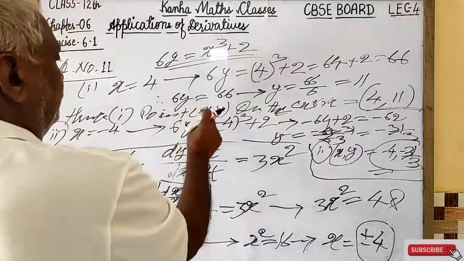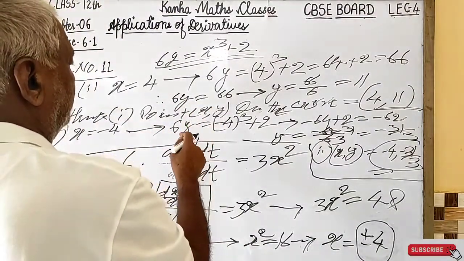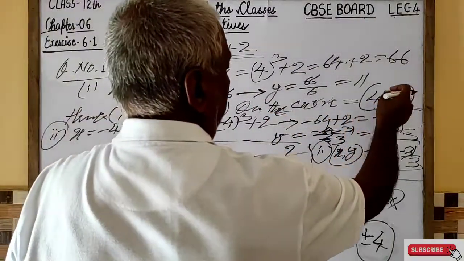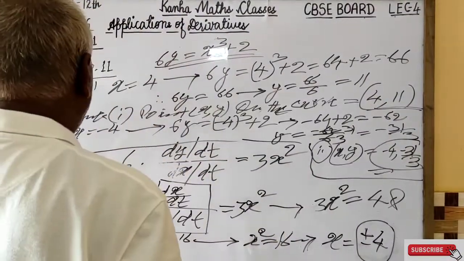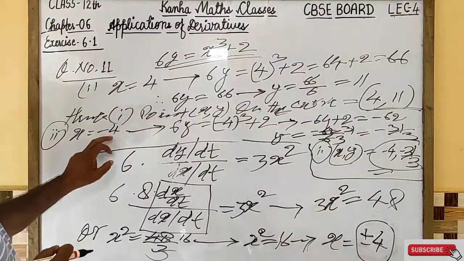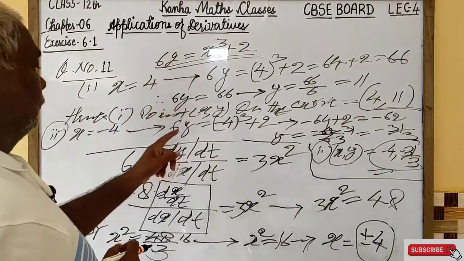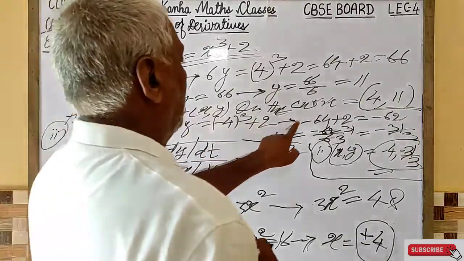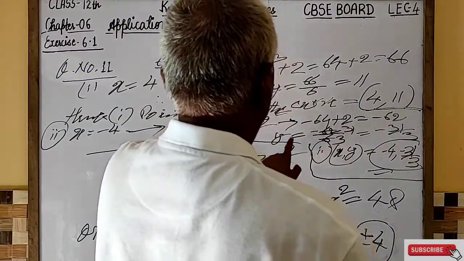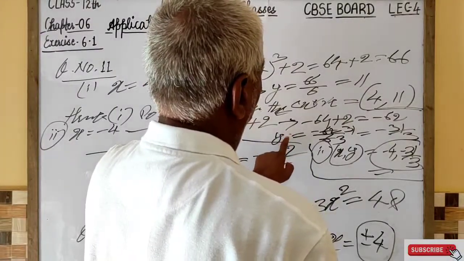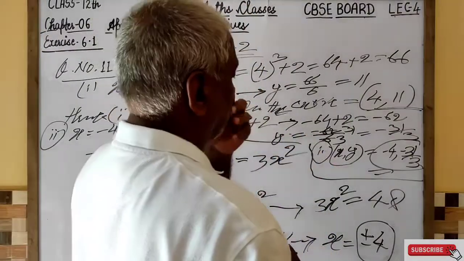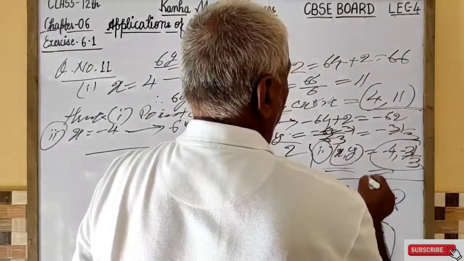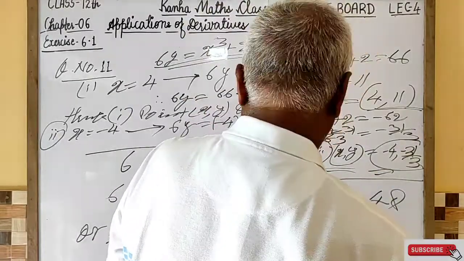The first point x, y on the curve will be 4, 11. And if you substitute x equal to minus 4, we get 6y is equal to minus 4 whole cube plus 2, that is minus 64 plus 2, minus 62. Ultimately we find the value of y is equal to minus 62 upon 6, which is minus 31 upon 3. Hence the final point x, y will be minus 4, minus 31 by 3. That's all.